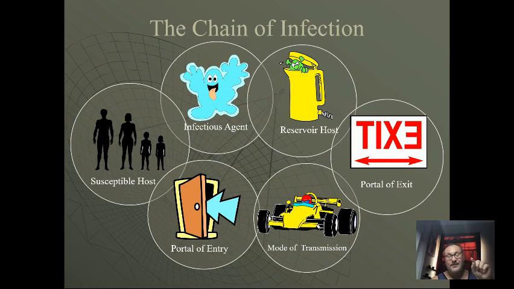So think about that. The CDC hit every one of these steps, and you guys practiced every one of these steps as the epidemic went on. Now we're just looking at the chain of infection and how scientifically viruses are passed on. So think about that one.